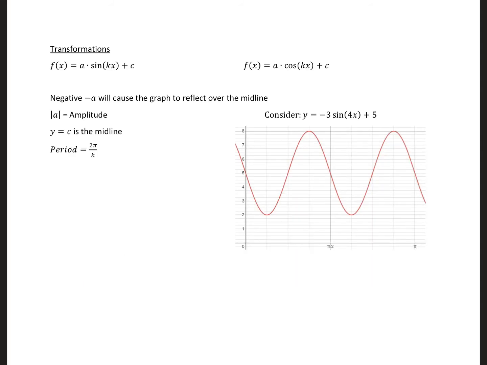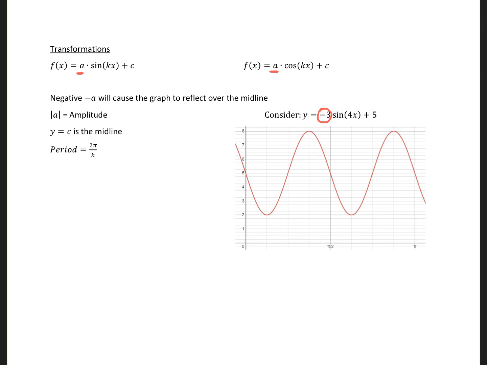So what we do is we take the graph of sine of x and cosine of x, and we can transform them by putting values in certain positions. Let's start by talking about putting in a value of a. So here, this would be -3.